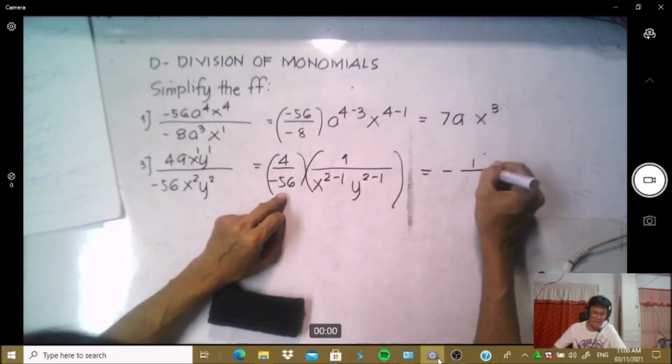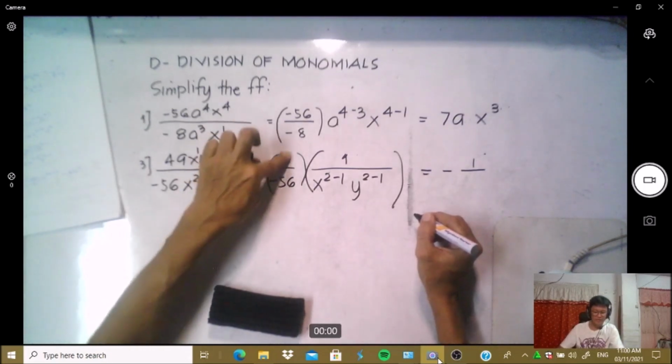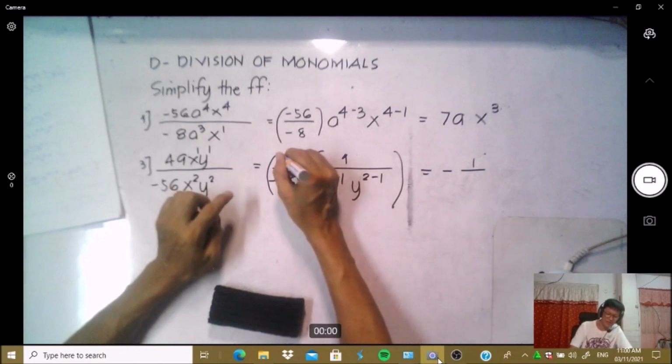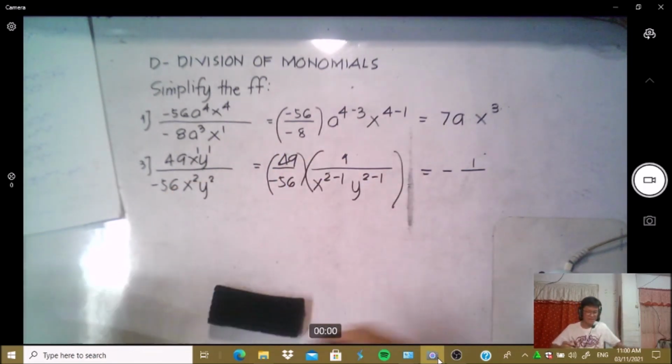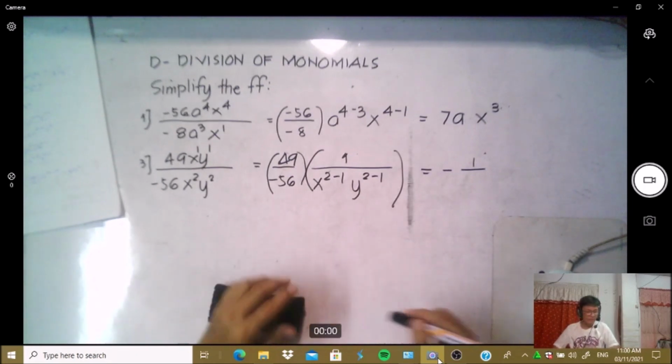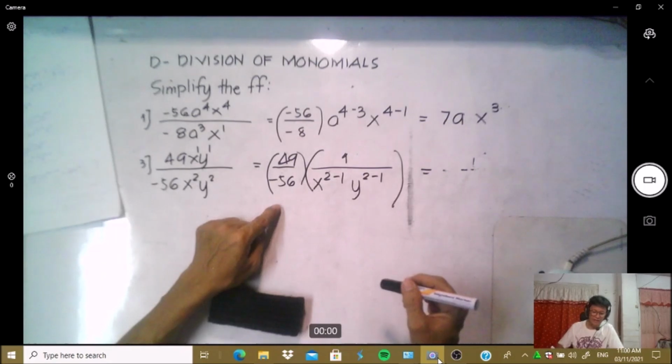Then we have 1 over 56 divided by 4. This is actually 49. Sorry. 49. Okay. Now what are we going to do here? So we have 49 and 56.